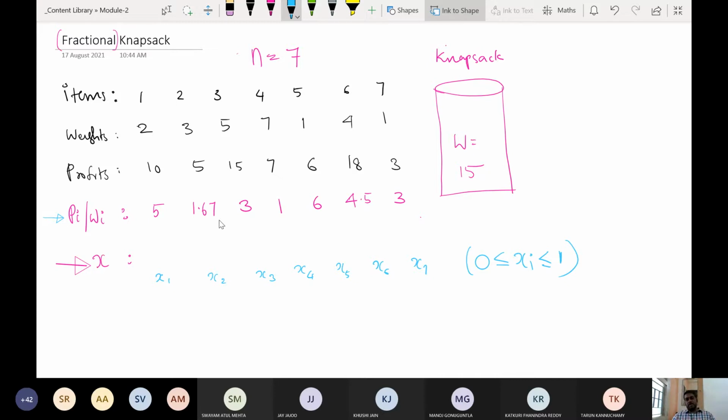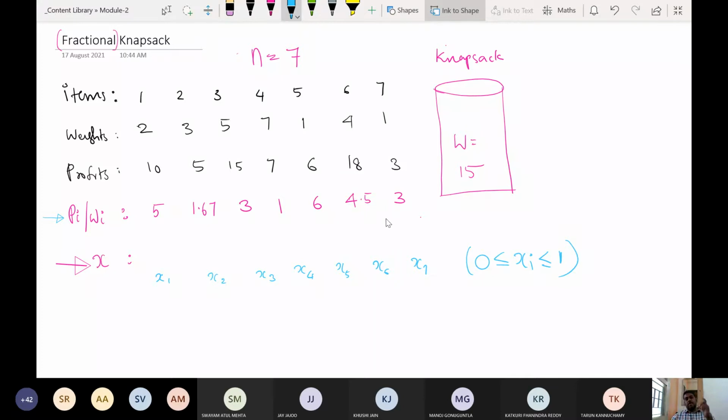Our idea is to include those items which have the highest profit by weight first, then the next highest profit by weight. So this is a greedy algorithm.